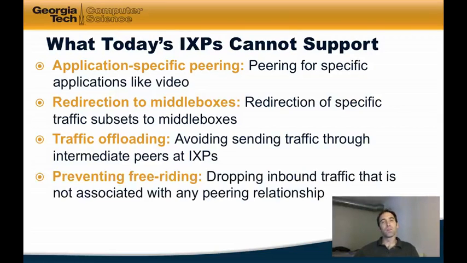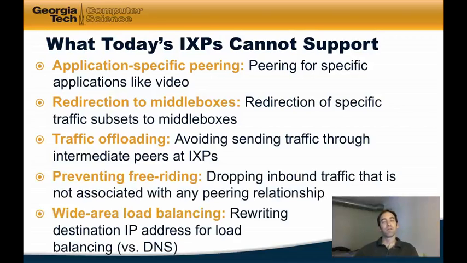It is also somewhat difficult for an autonomous system to drop inbound traffic that's not associated with any peering relationship. Finally, it's difficult to rewrite a destination IP address for the purposes of load balancing. Today, content providers perform load balancing using the domain name system.